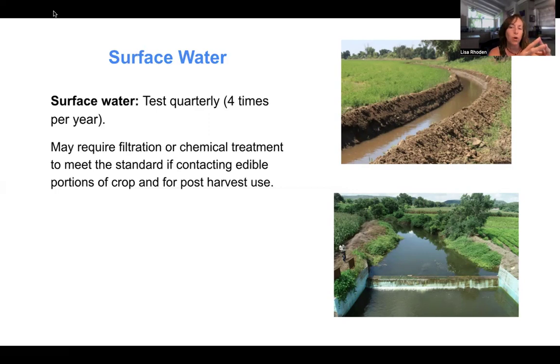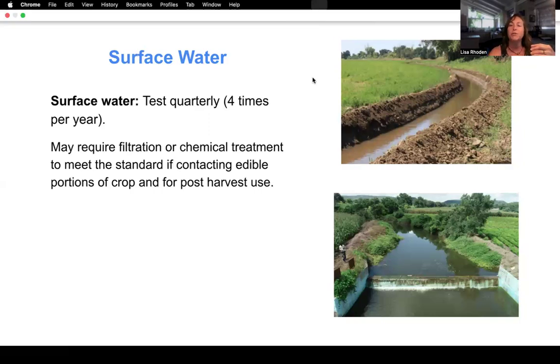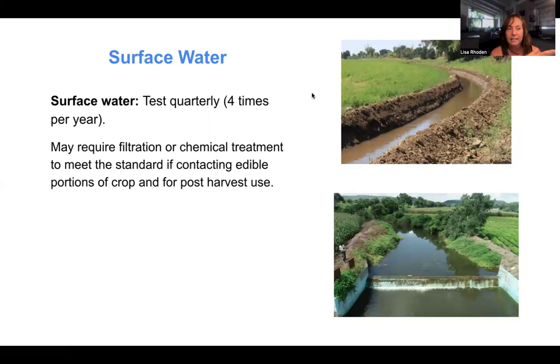If this water is going to also be used for post-harvest processes, so if you're rinsing or intending to rinse your product with this surface water, if you're going to be using it to wash hands, this is sometimes happening on farms where there isn't really any other source and the operator doesn't want to bring water to the site.